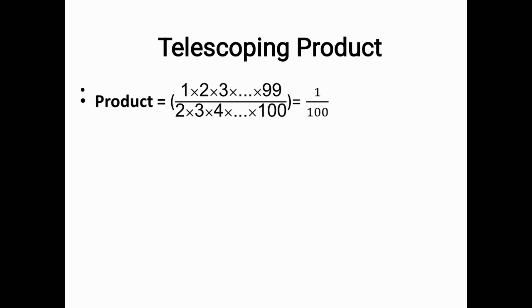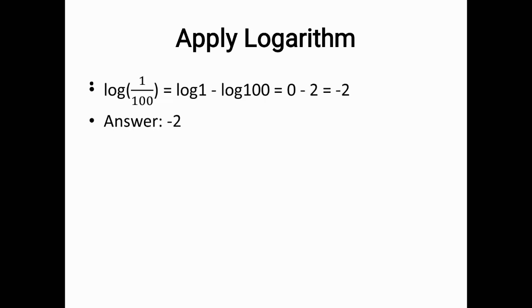This is what you call a geometric series. If it is a geometric series, it's very simple. It's about their product. The numerator product will be equal to 1, and the denominator will be equal to 100. Then replacing this in the given expression, we remain with logarithm of 1 over 100.